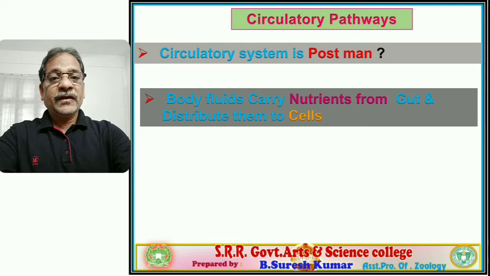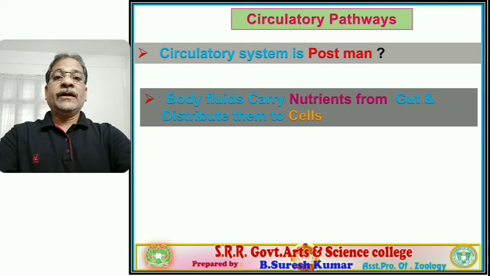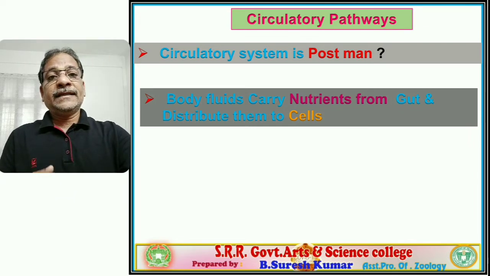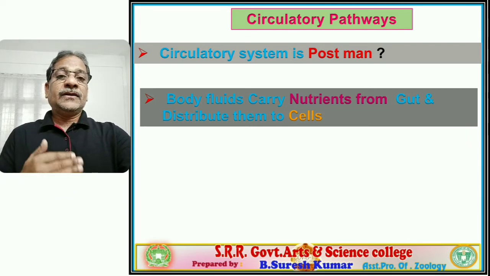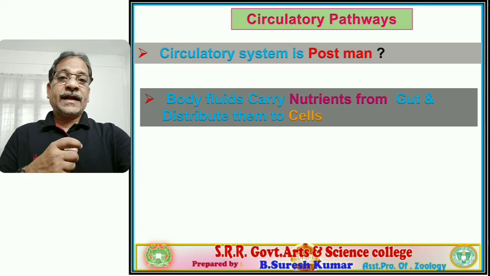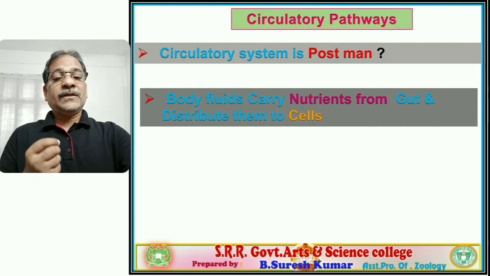Already we learned in an earlier class about digestion, absorption and assimilation. In that process, the digested food materials and nutrients are absorbed into blood, and the fatty acids and glycerols are absorbed into lacteals. They are transported through body fluids to tissues. So that's why it does the job of a postman.